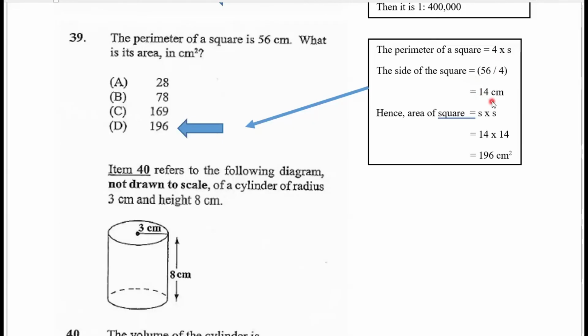And you get 14 cm. 56 divided by 4, you get 14. So the area of the square would be side by side, which is 14 by 14 to give you 196 cm squared. Cool.